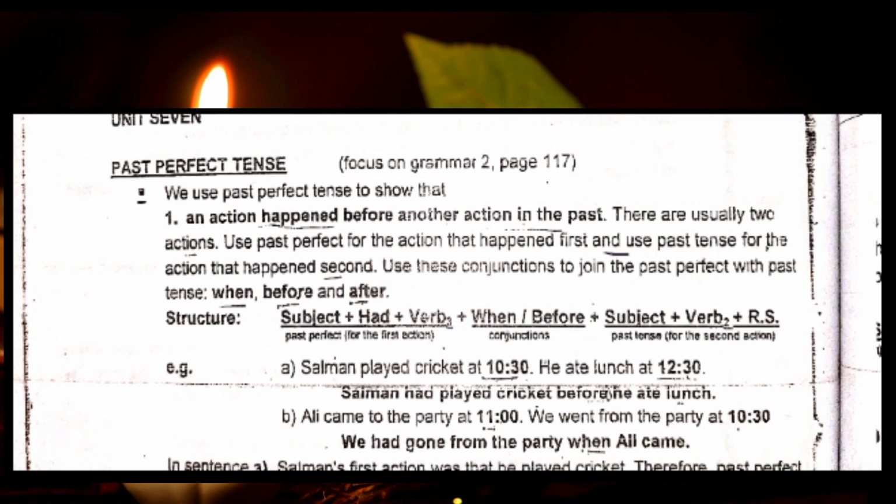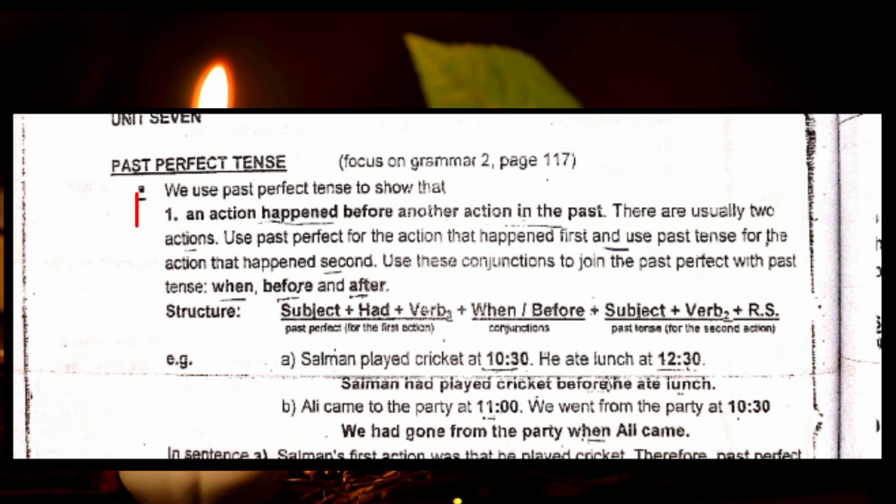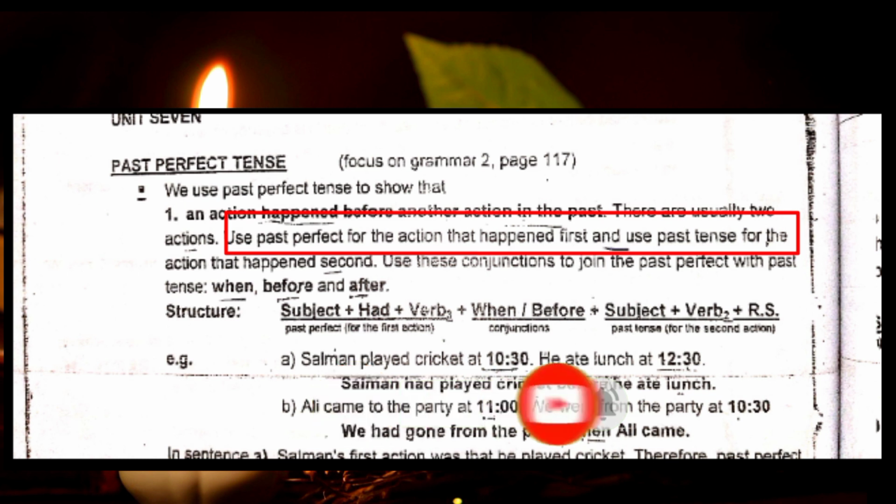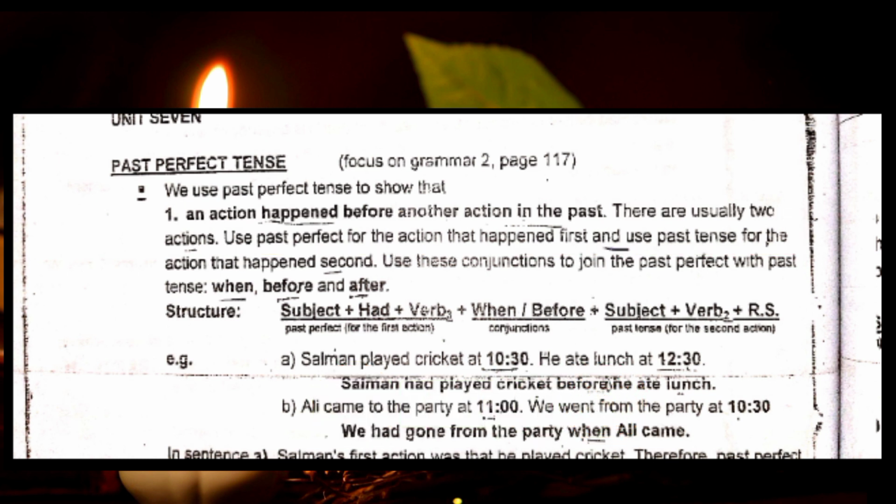We use past perfect tense to show that an action happened before another action in the past. There are usually two things. Use past perfect for the action that happened first and use past tense for the action that happened second.